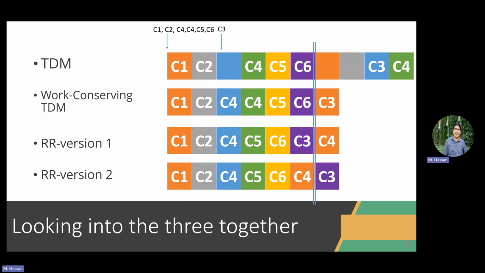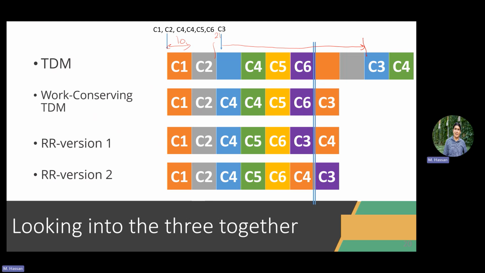If you count the number of slots or cycles that C3 suffers: C3 arrives at the beginning of this slot, and then it gets serviced here. So if we say one slot is S, or let's say it's 10 cycles, and I arrive at time 21, what is the total delay C3 suffers for arbitration?